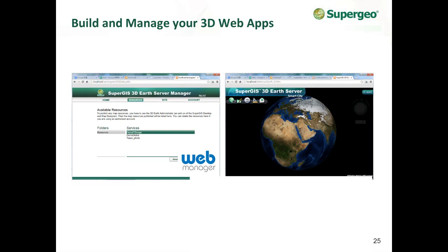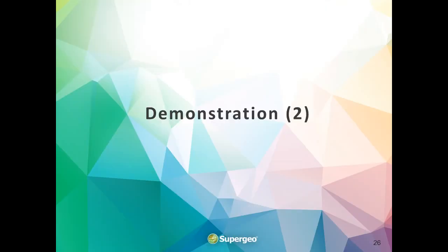And in my experience, I think SuperGIS 3D provides the most friendly interface so you can access it through any web browser. Okay. And now I will give you a demo to quickly start how to use the SuperGIS 3D and how to upload your data and publish and manage your SuperGIS 3D application.